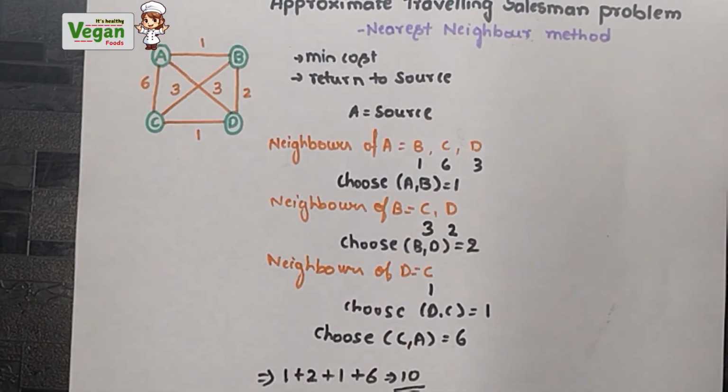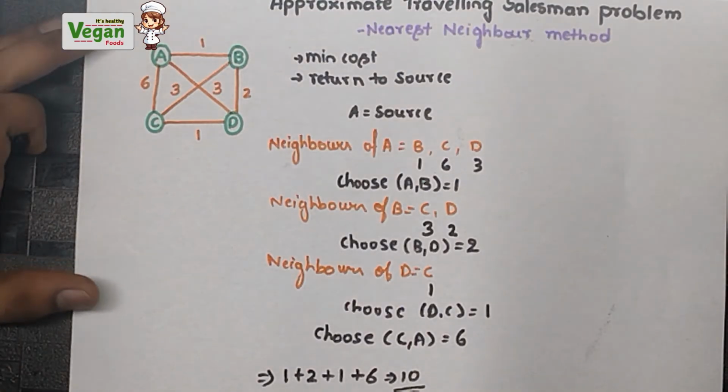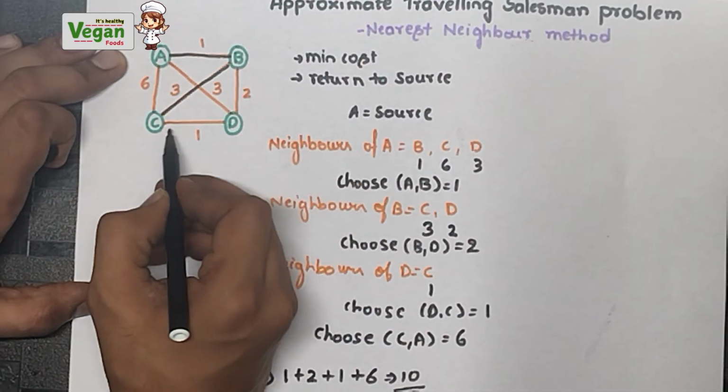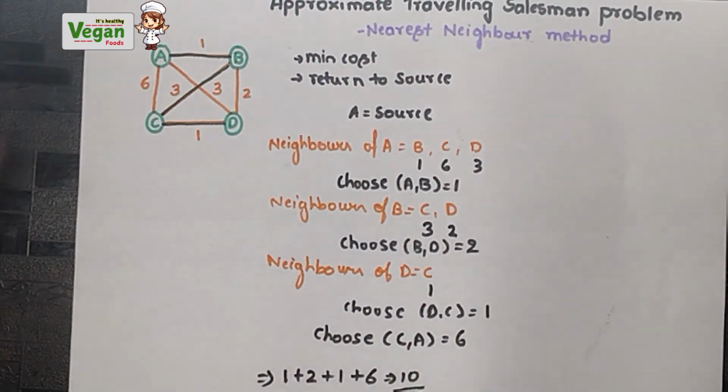Now I will see whether there is another possible path to travel. There is another possible path: from A to B you can travel, from B to C you can travel, from C to D you can travel.